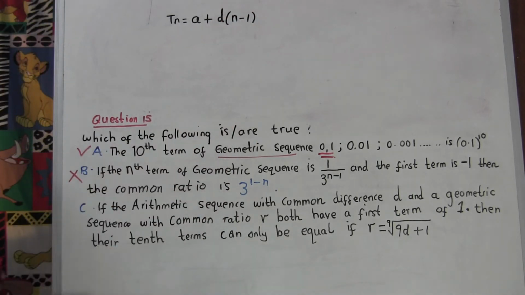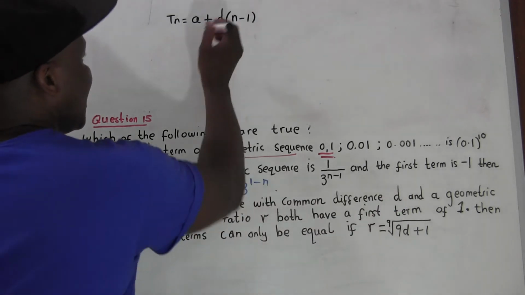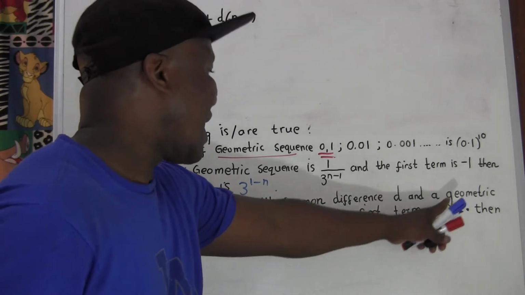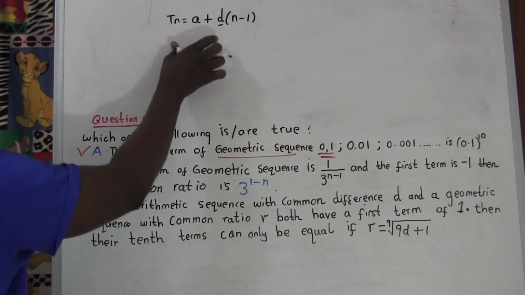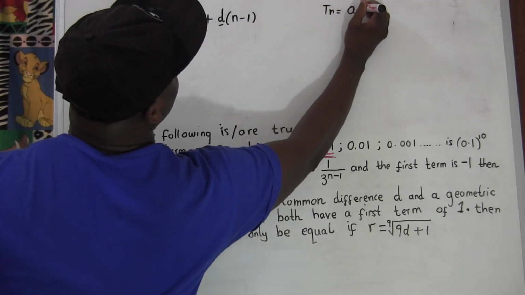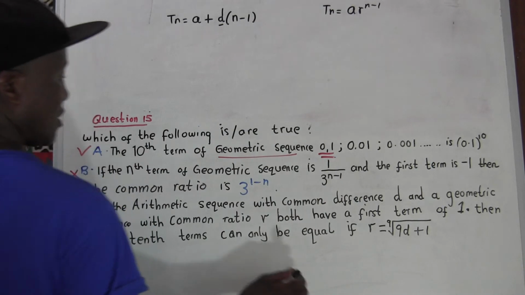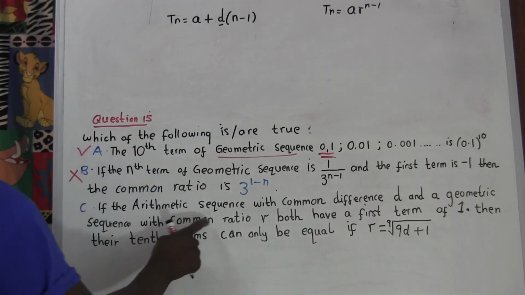So let's say if the arithmetic sequence has common difference d, and then you have geometric, so you have arithmetic and also you have geometric. Let's say geometric is Tn equal to a r^(n-1). So let's say arithmetic has a common difference d and geometric has a common ratio r.